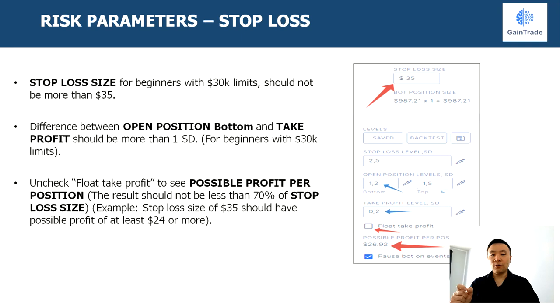Also, if you uncheck the float take profit, you can see the possible profit per position. The result should not be less than 70% of the stop loss size. For example, a stop loss size of $35 should have a possible profit of at least $24 or more.